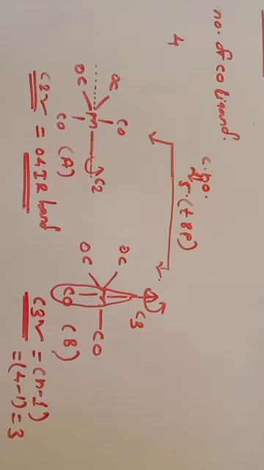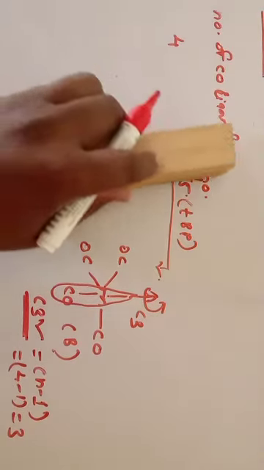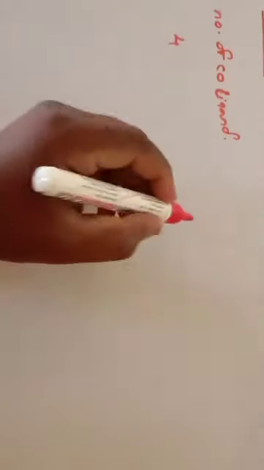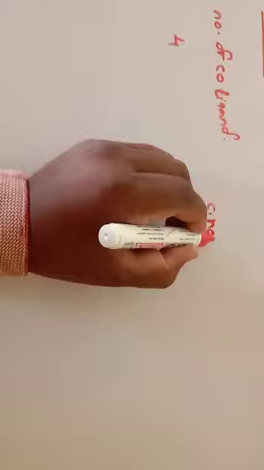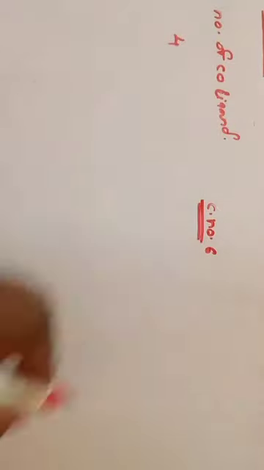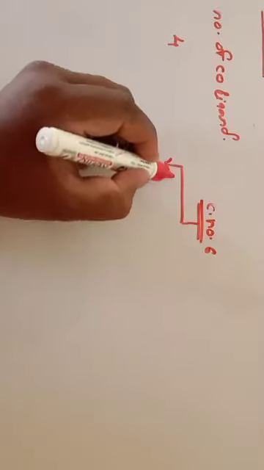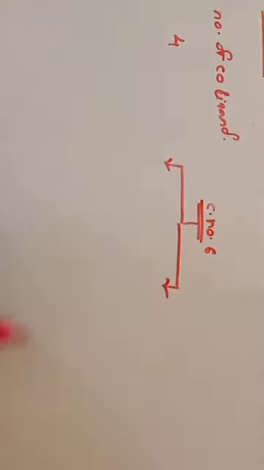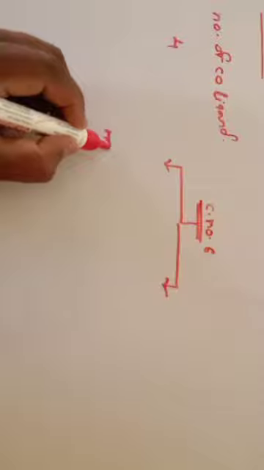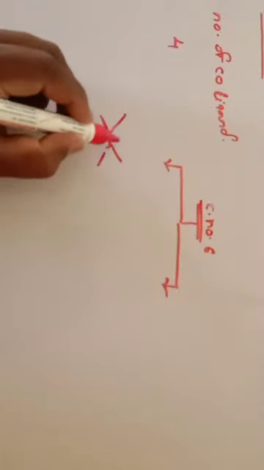Again, if you consider when the number of CO ligands is 4 but the coordination number is 6, again we get 2 possible structures. One is trans and another is cis.